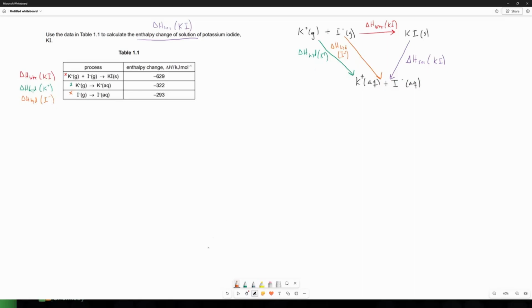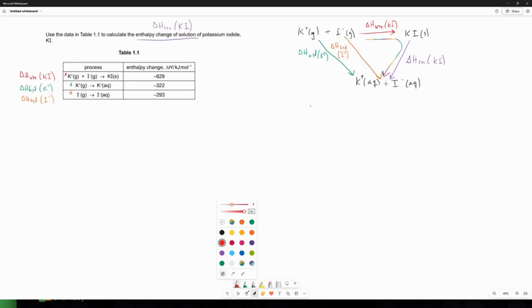When we form our alternate path here, and we'll do it here in rainbow, we have these two paths, the red and purple arrows, agreeing in direction, meaning that delta H lat and delta H sol are going to be added to each other.